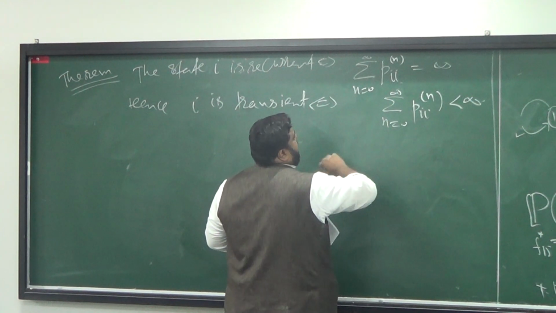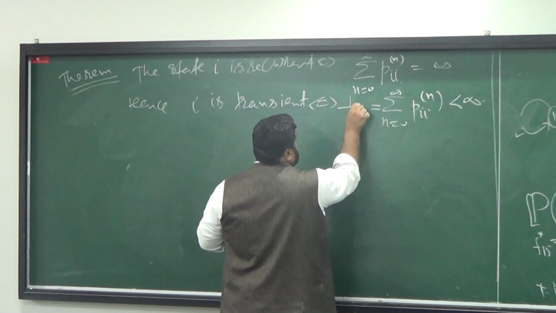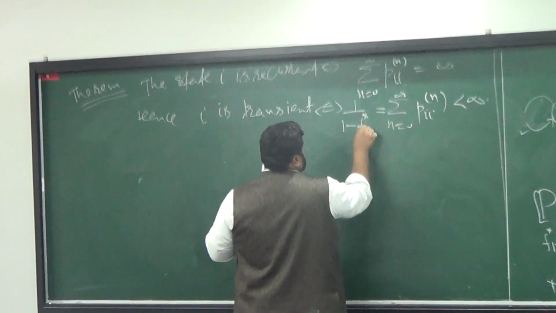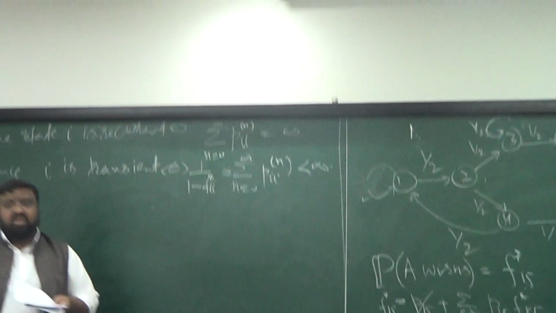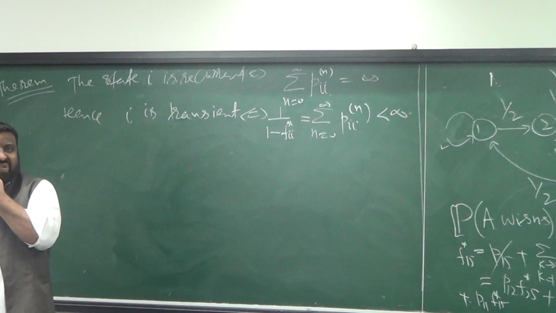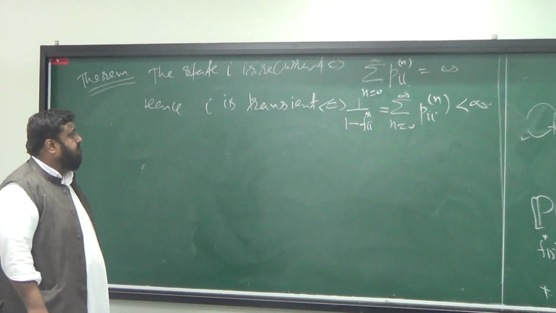If it is finite, the series converges, and it converges to this interesting number, which is 1 over 1 minus the first passage probability from state i to state i.